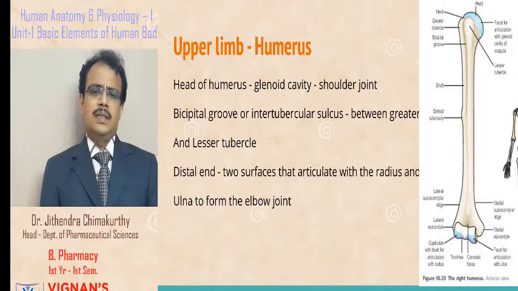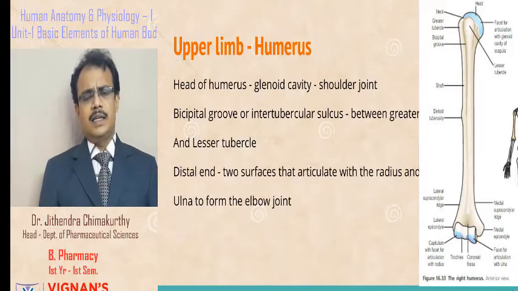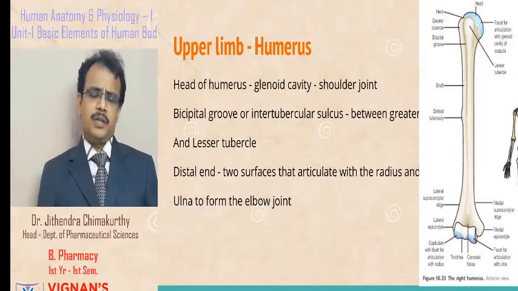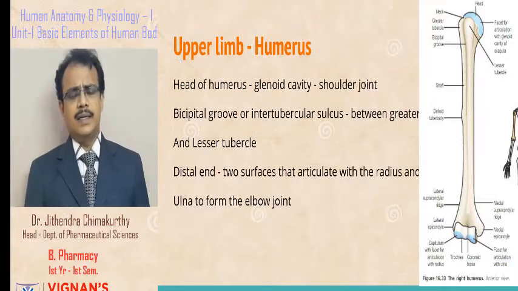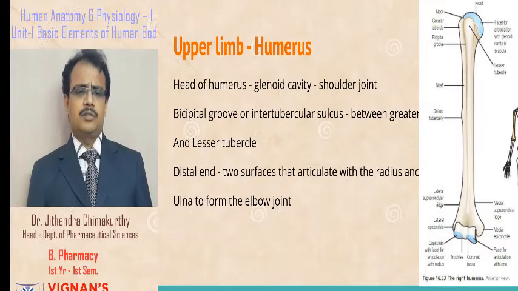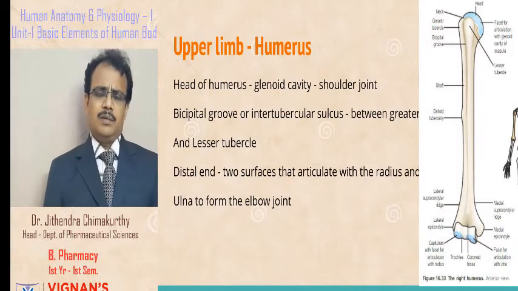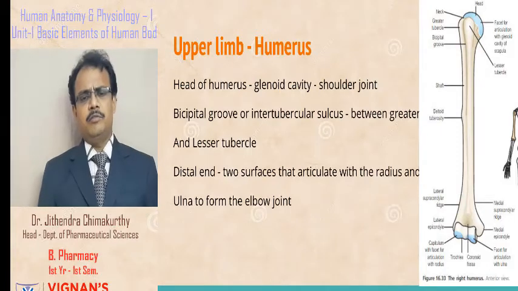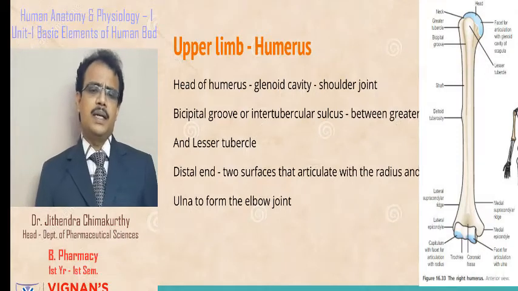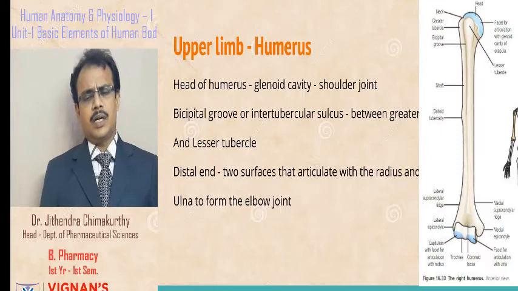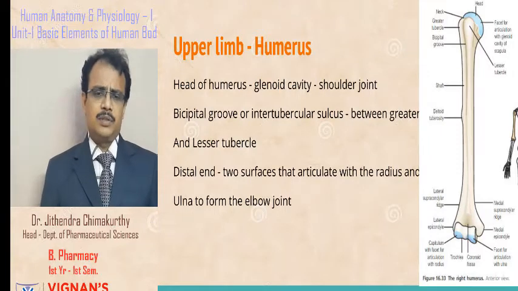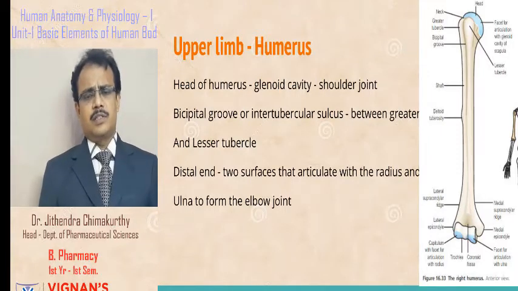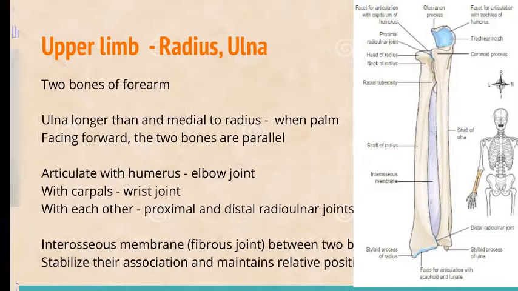Apart from this, just above the trochlea, it has the medial epicondyle and lateral epicondyle, and between them it has the coronoid fossa, which gives attachment to the muscles or tendons. Above it are the medial supracondylar ridge and lateral supracondylar ridge, which give attachment to the tendons of the muscles of biceps and triceps.